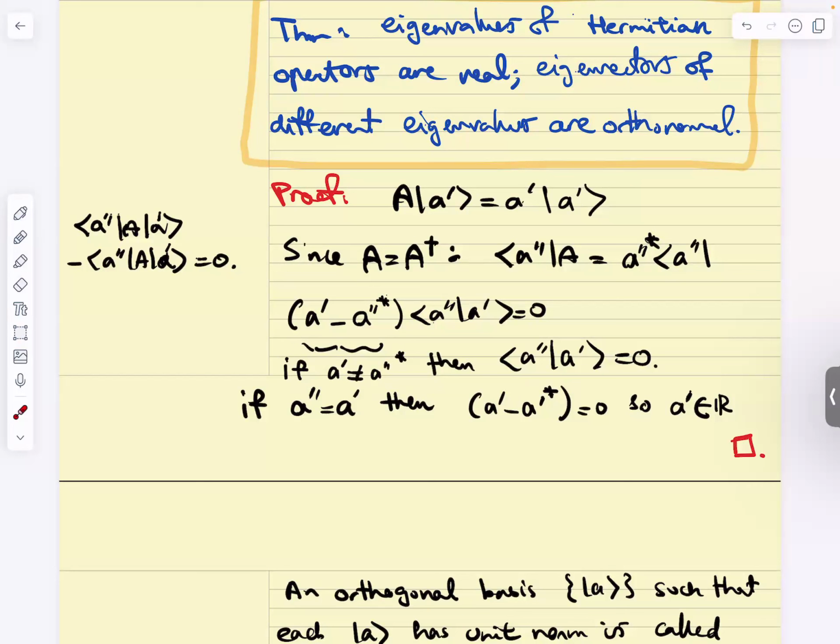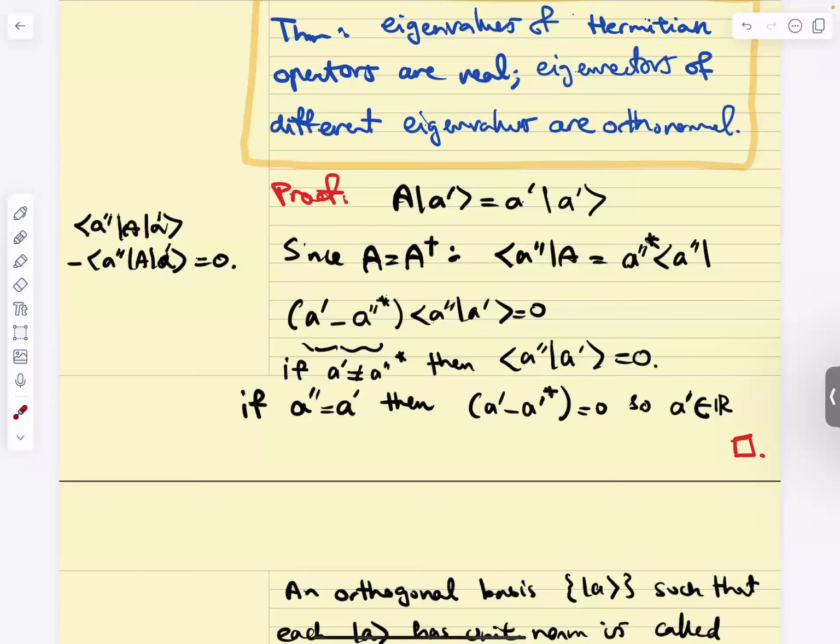Now, if this is not 0, for example, A double prime is equal to A prime, in which case this is just the norm of the eigenvector and it's not 0, then you should have the left term equal to 0, which means that A prime has to be equal to A prime star, which means that A prime is real, right?